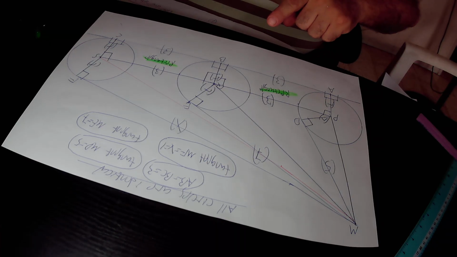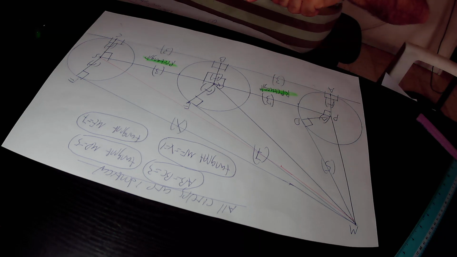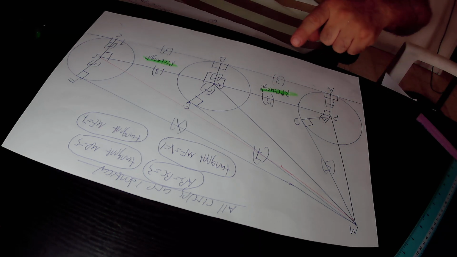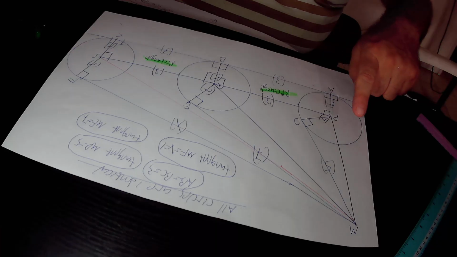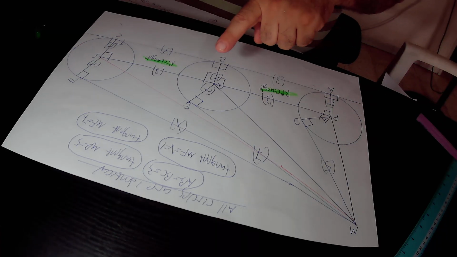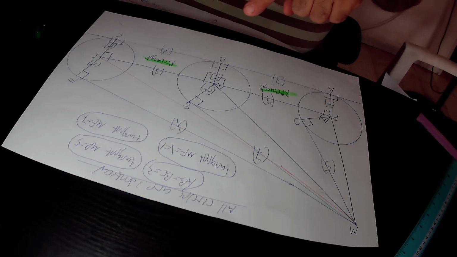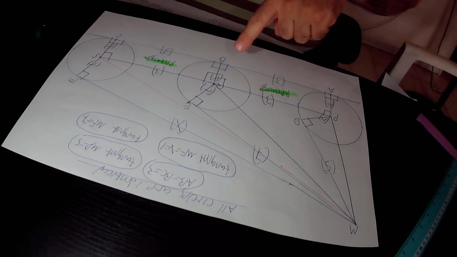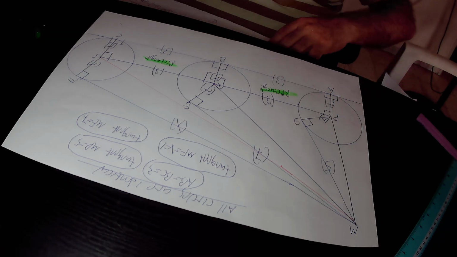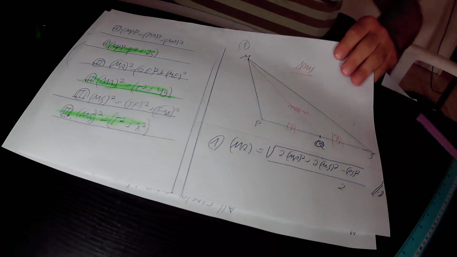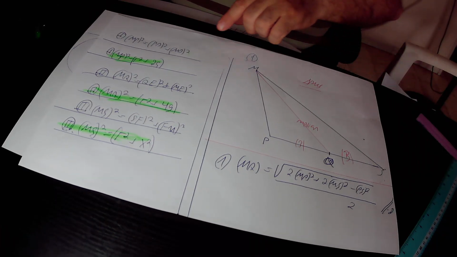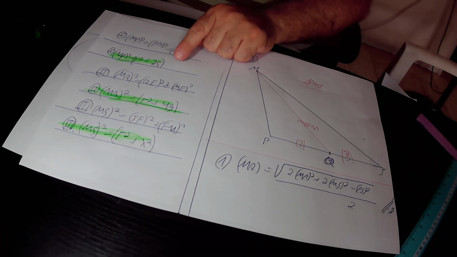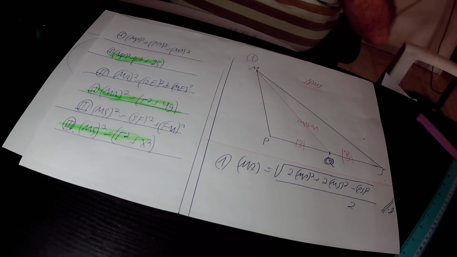Then we implement the Pythagoras theorem on this right triangle MQE. According to the Pythagoras theorem, MQ squared equals QE squared plus ME squared.